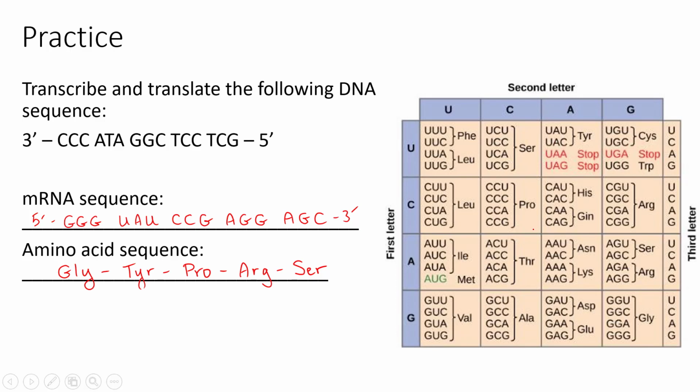So in this practice problem, you were given the strand of DNA that we call the template strand. So you remember one of the strands is called the template strand and the other is called the coding strand. If you are given the template strand, you know that because the 3' is on the left and the 5' is on the right. And when you're given the template strand, it means you produce a complementary mRNA sequence.